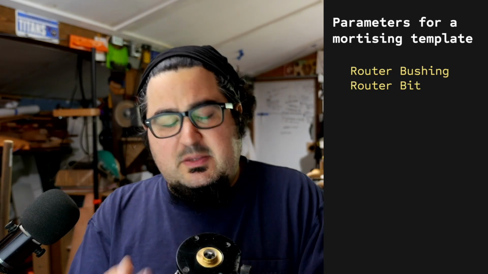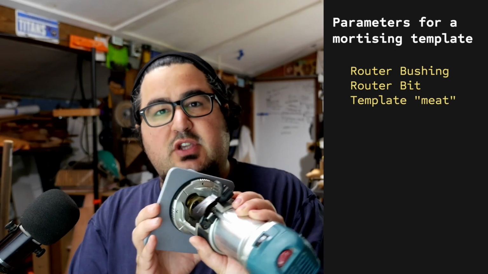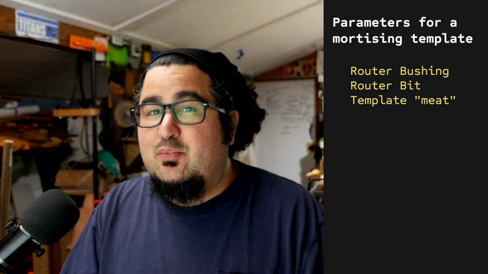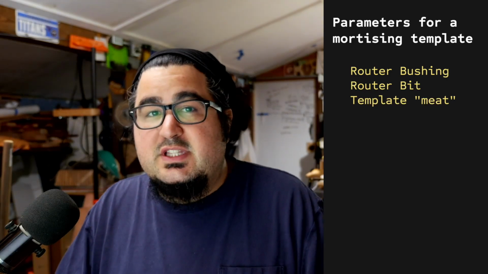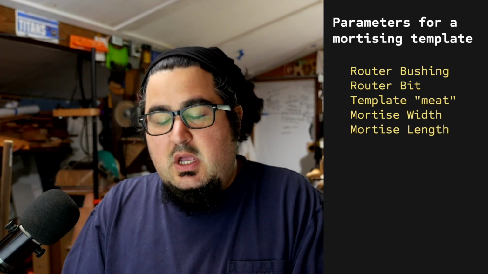When I think about something else, how wide do I want this base to be? I want it to hold my trim router nicely. So that's about 2.5 inches on either side. That's easy. And probably the most important parameter that we need is the size of the mortise that we want. Mortise width and mortise length. There we go.